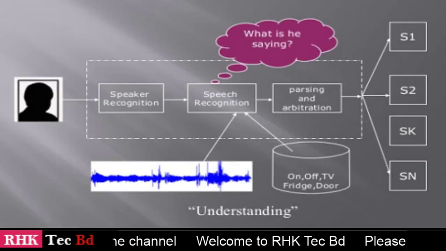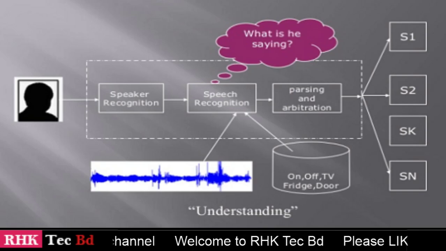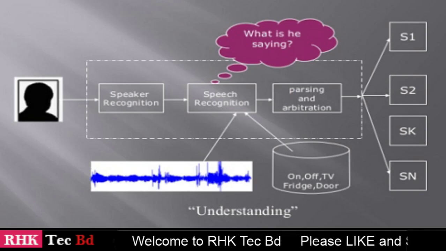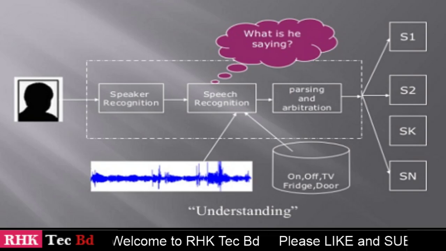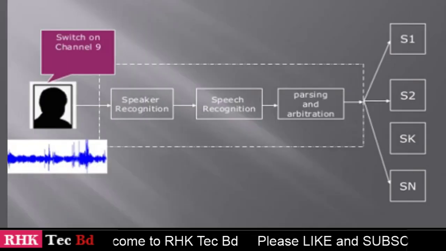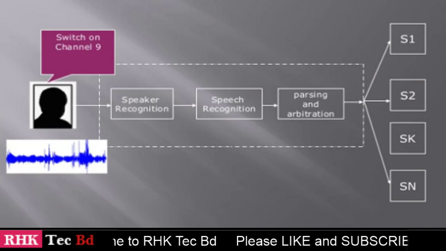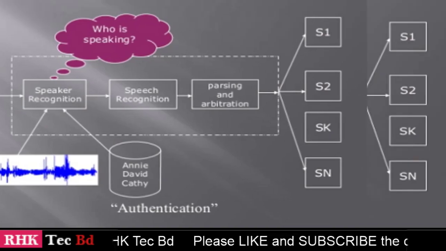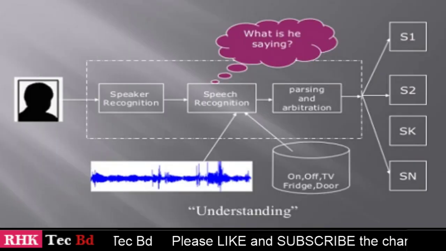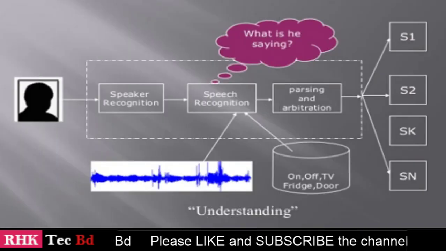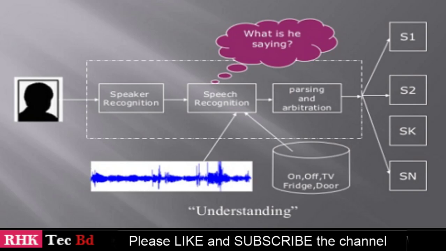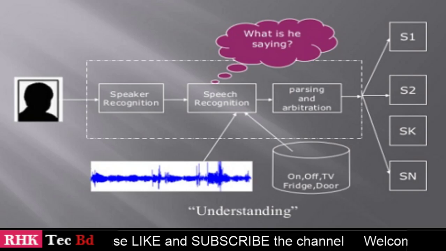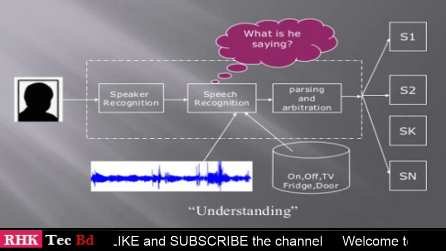The next thing it will do is speech recognition. What is he saying? If we go back, the instruction was switch on channel 9. So who is speaking, and what is he saying? The speech recognition software must be able to understand that switch is related to on or off.